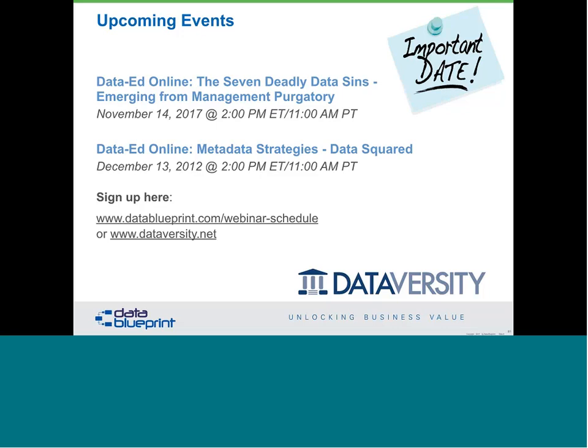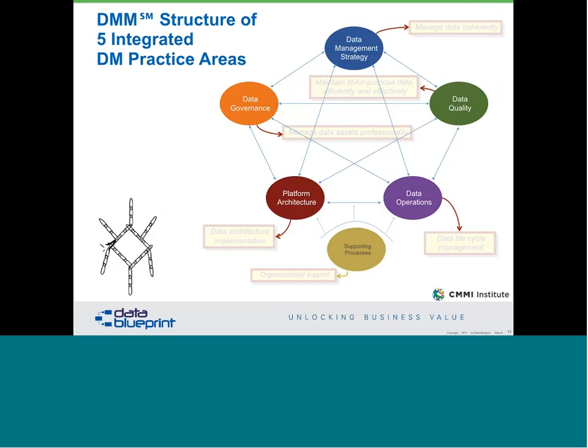Fantastic. Once again, you could look at any number of maturity models, but this is the only one that exists that has 20 years of research history around it. It has a record of proven improvement processes around it, and it's an open model. So I do not recommend anybody look at anything beyond the DMM, and you can see one of those things in green is the data quality piece on that.